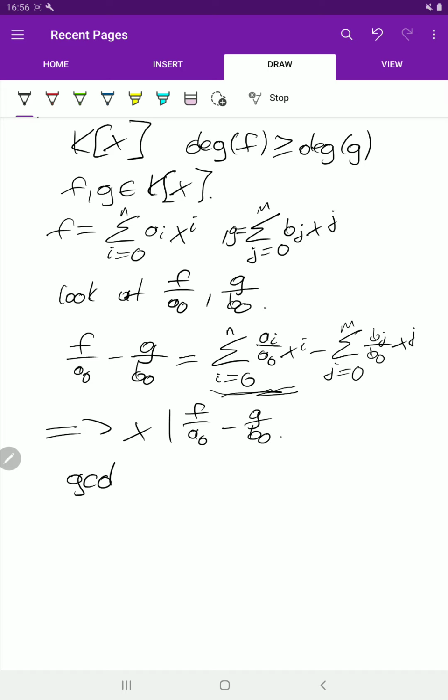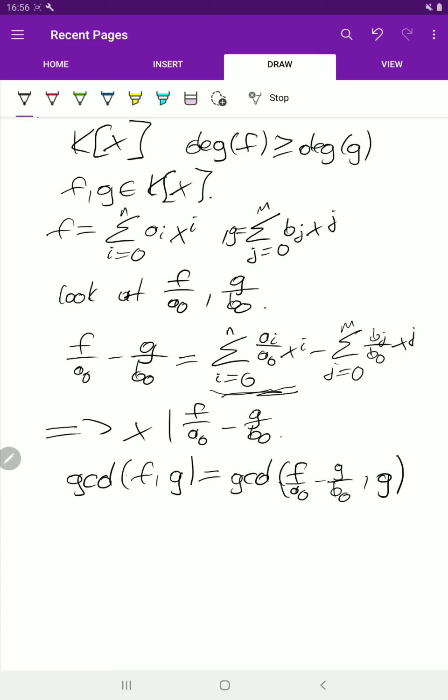Then the greatest common divisor of f and g is the same as the greatest common divisor of f and f over a_0 minus g over b_0. Oh, there shouldn't be a b_0, just g.